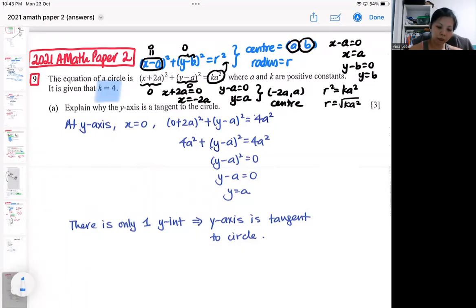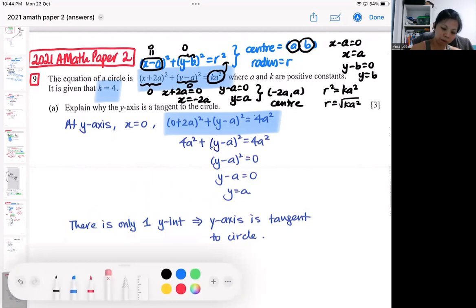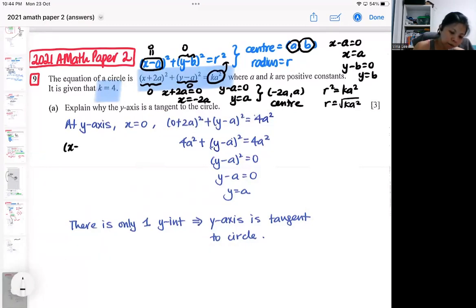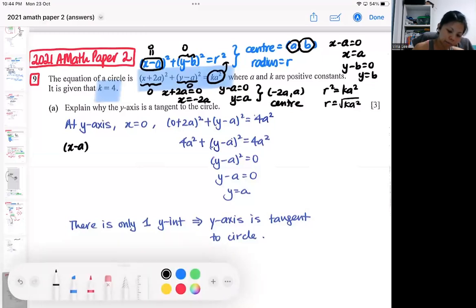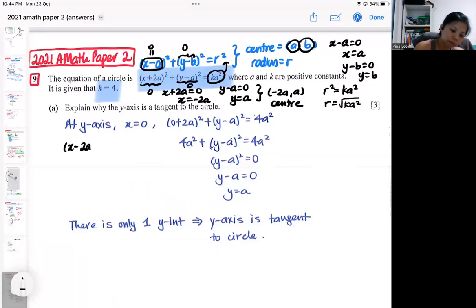So you put k equal to 4 back into the equation. So your equation will become, sorry, put in your k equal to 4. So that is your equation.